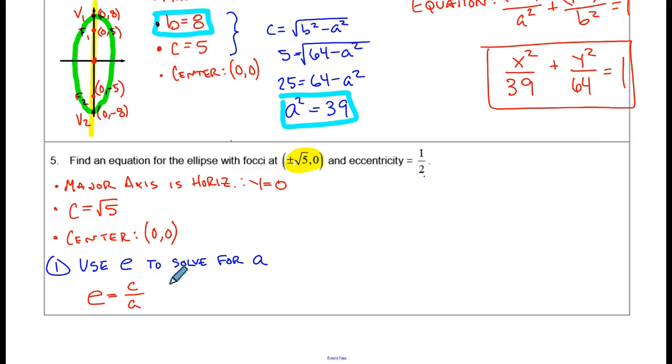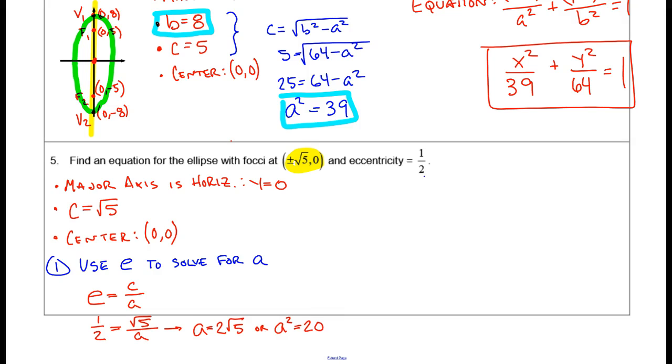So we know our eccentricity is 1/2. We know our c value is root 5. So now we have this equation. This looks a lot like a proportion. We ought to be able to solve that for a. A equals 2 root 5, or a squared equals 20. And I hope you can square 2 root 5 and get 20 without a calculator.